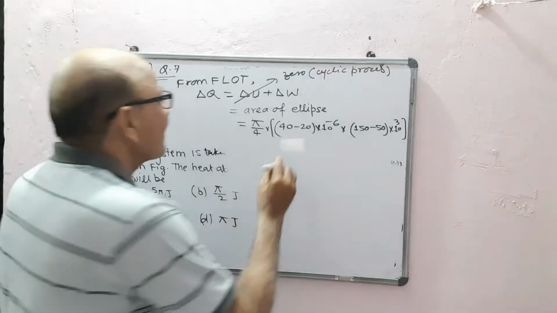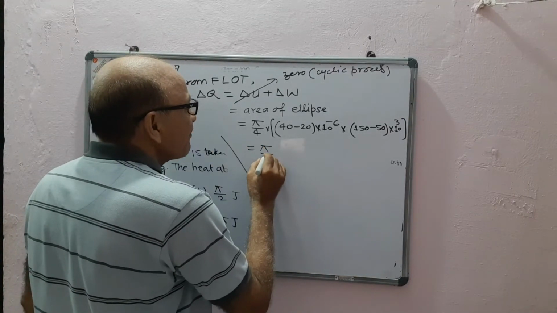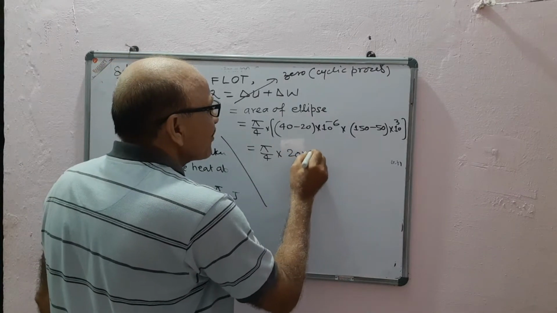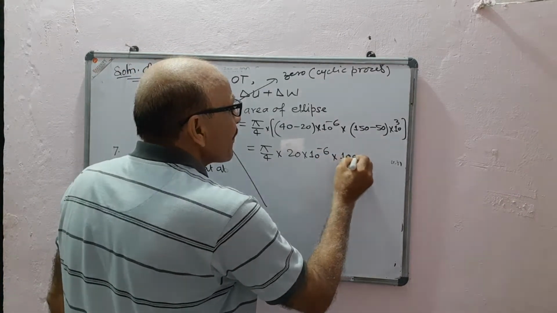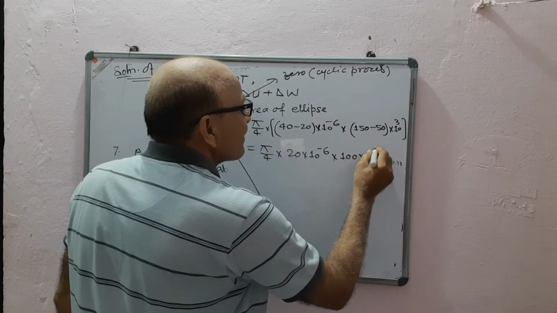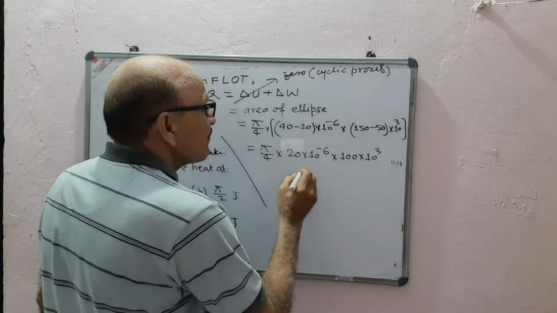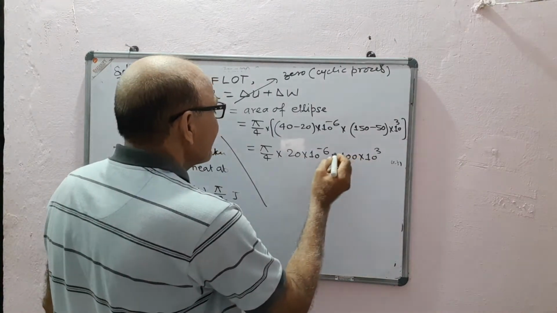Now on simplifying we get pi by 4 into 20 into 10 to the minus 6 into 100 into 10 to the power 3.